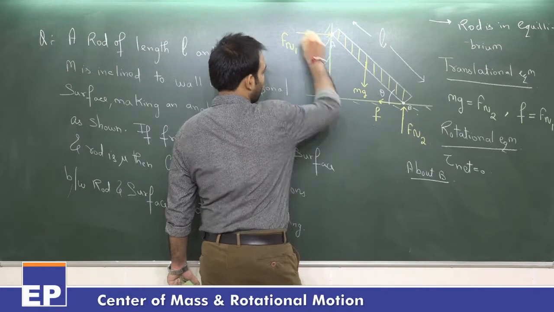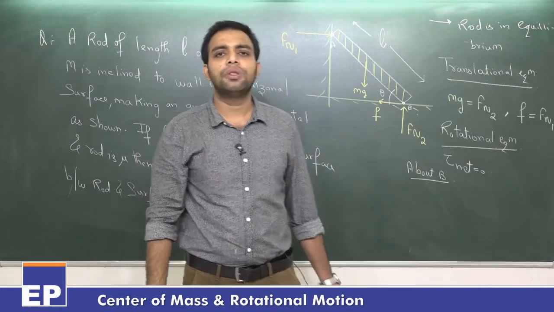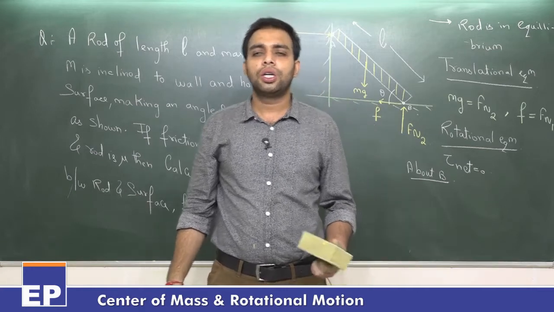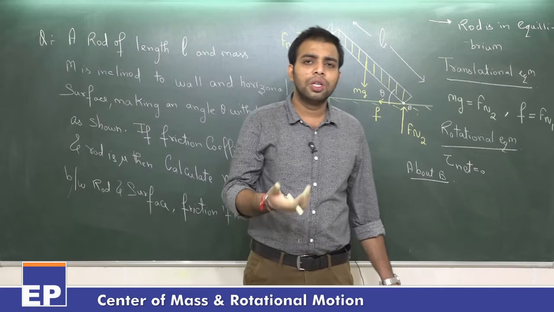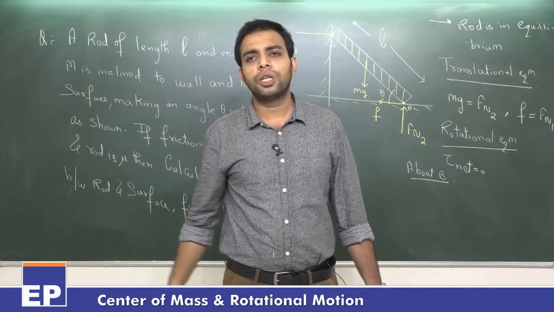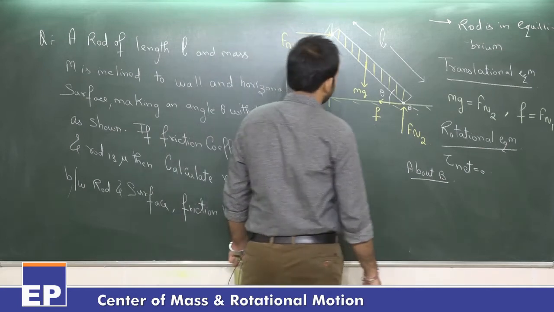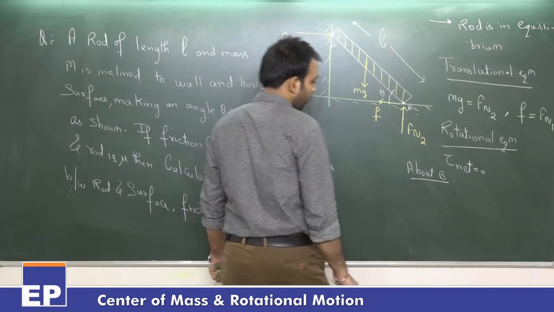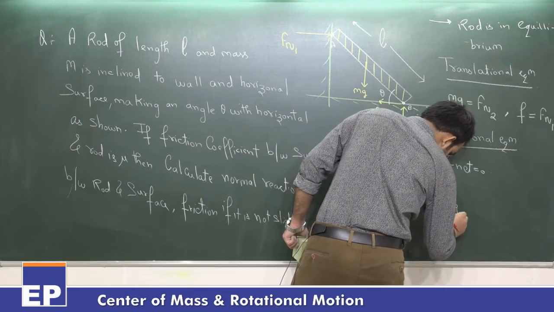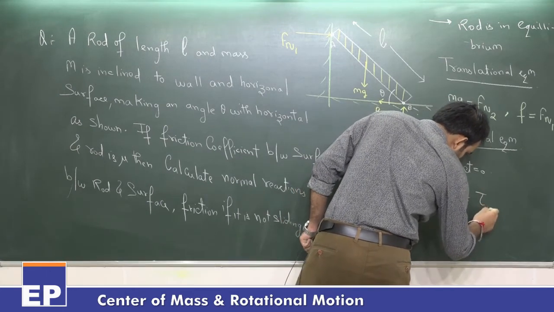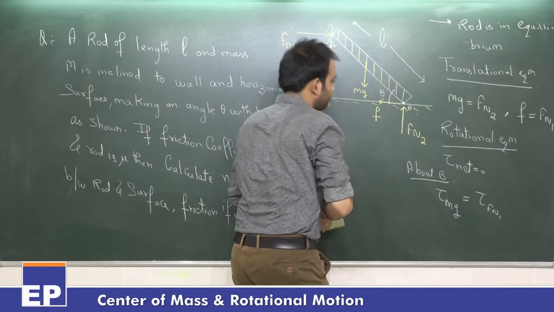So Fn1 is giving the torque in clockwise direction, and mg is giving the torque in anti-clockwise direction. The torque by mg is equal to the torque of Fn1 in magnitude, only then it can stay in equilibrium. Now what is the torque given by mg?